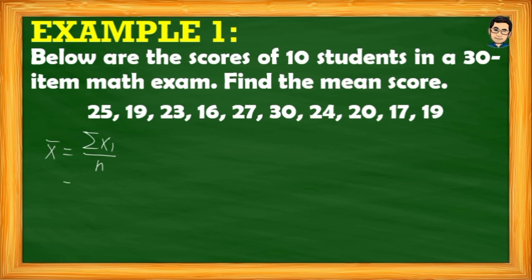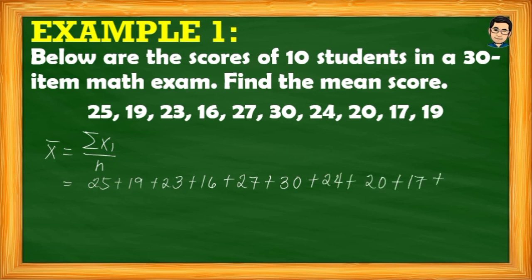Next. I-add lang po natin yung mga scores. So, 25 plus 19 plus 23 plus 16 plus 27 plus 30 plus 24 plus 20 plus 17 plus 19, all over n.